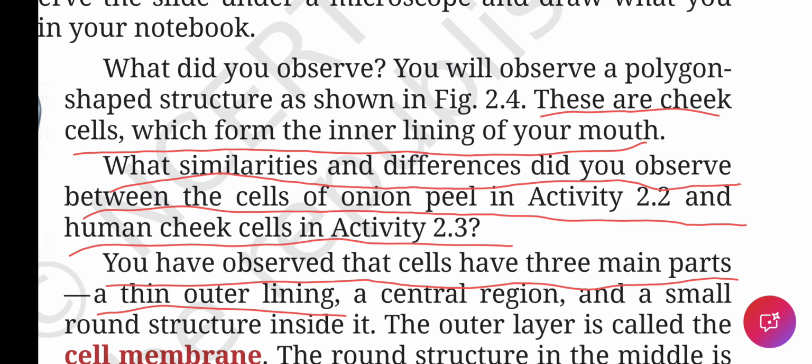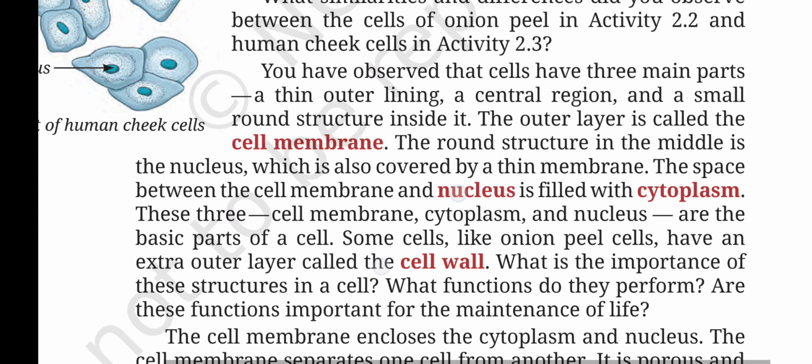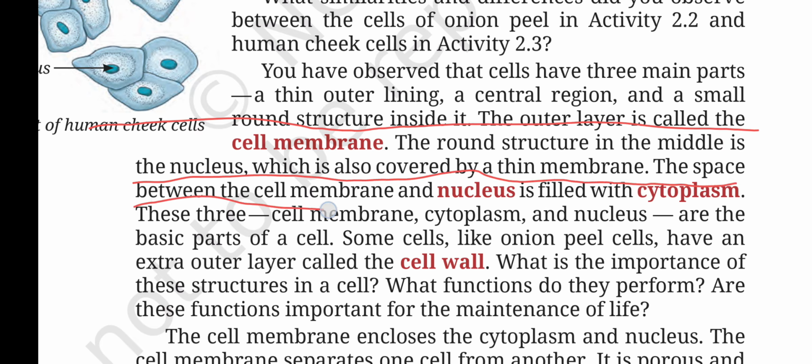You have observed that the cell has three main parts: a thin outer lining, a central region, and a small round structure inside it. The outer layer is called the cell membrane. The round structure in the middle is the nucleus, which is also covered by a thin membrane.